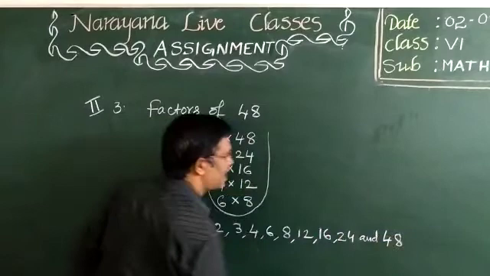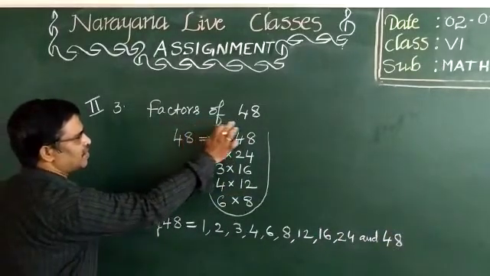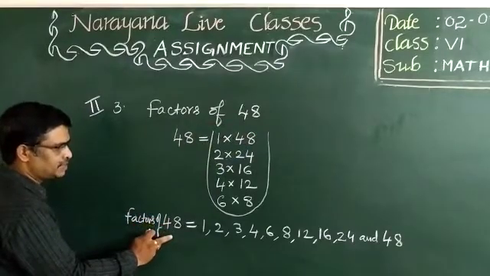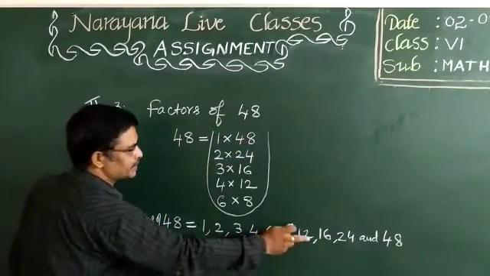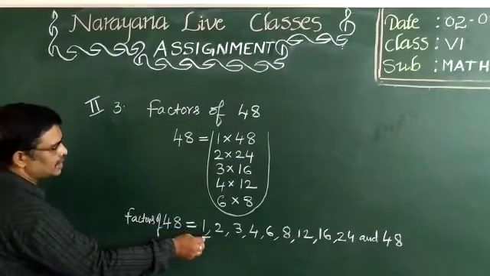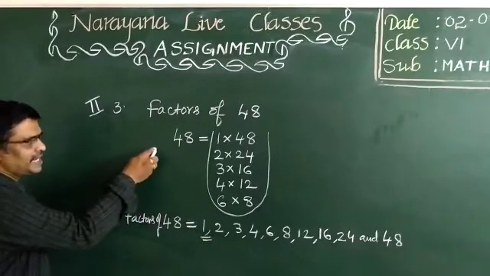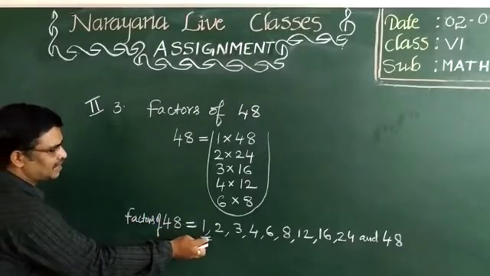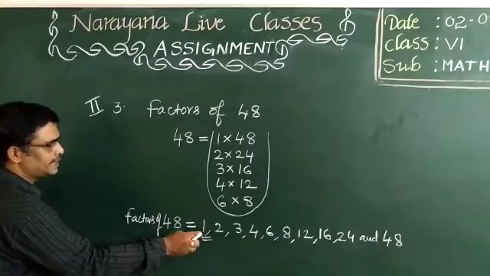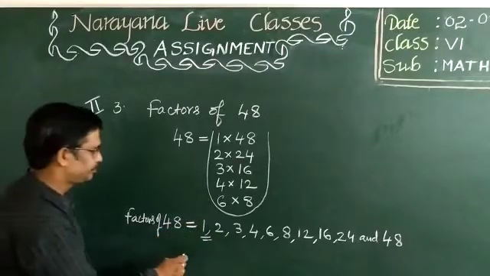What is the given question? Find all the factors of 48. That means 48 is completely divisible by all these numbers. And one more question they ask: what is the least factor? So 1 is the least factor. Not only for 48, for any number the least factor is 1 only, because 1 divides all numbers completely. Therefore, 1 is the least factor of any number.